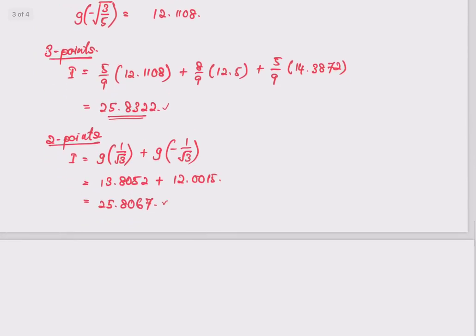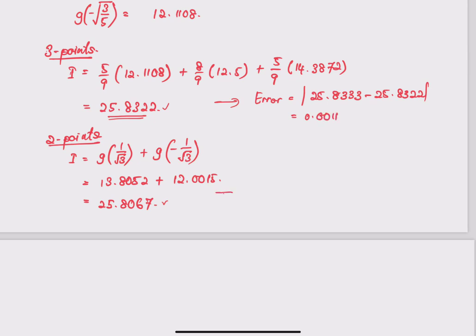Now we can look at the error between 2 points and 3 points. Of course, the absolute error for the 3-point is 25.8333 minus 25.8322, which is about 0.0011.